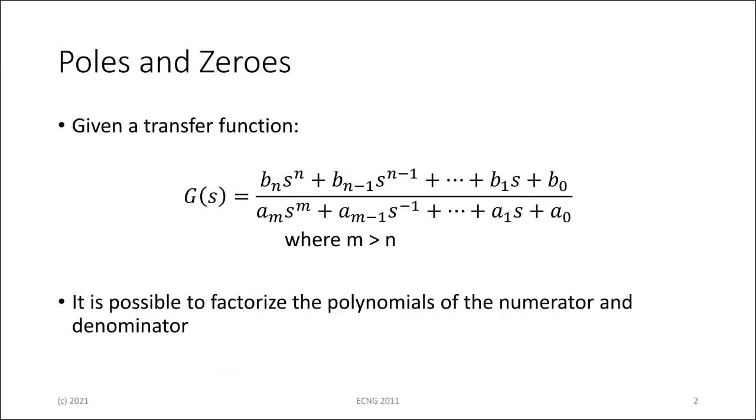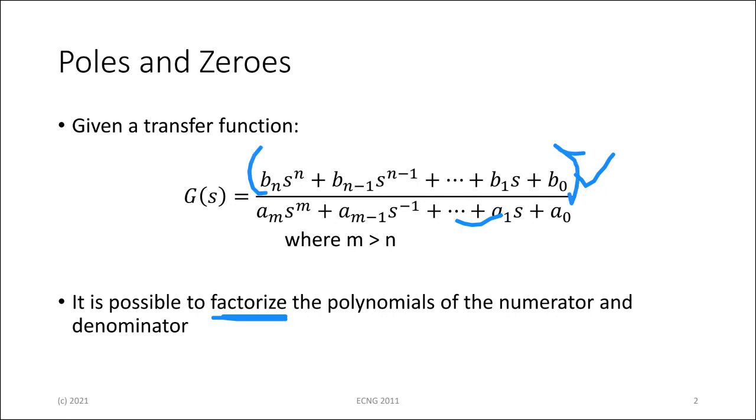Once we have the system, it is possible to factorize the polynomials of the numerator and the denominator. When you factorize, you remember the factors of an expression, from your algebra or your calculus. Whenever you factor an expression, the factors that you get are in fact the roots of the expression.